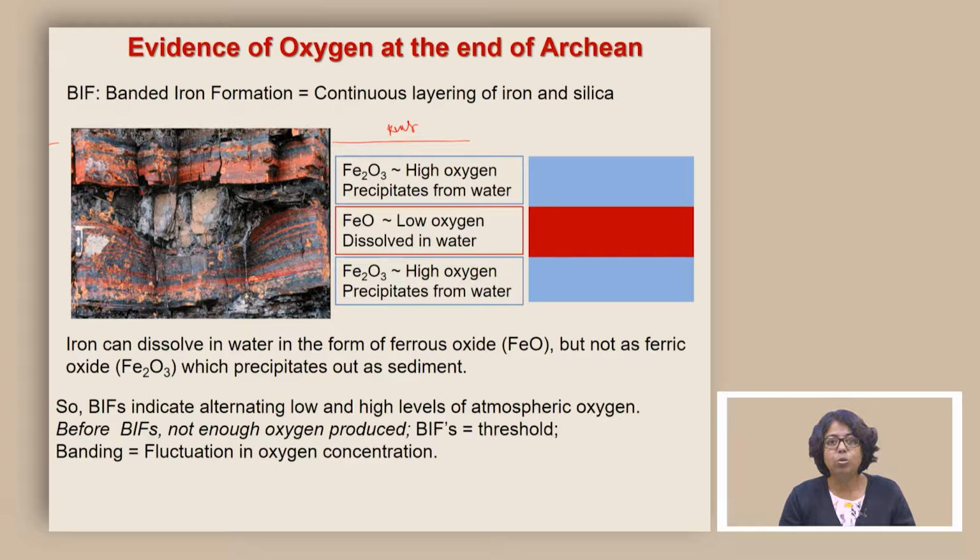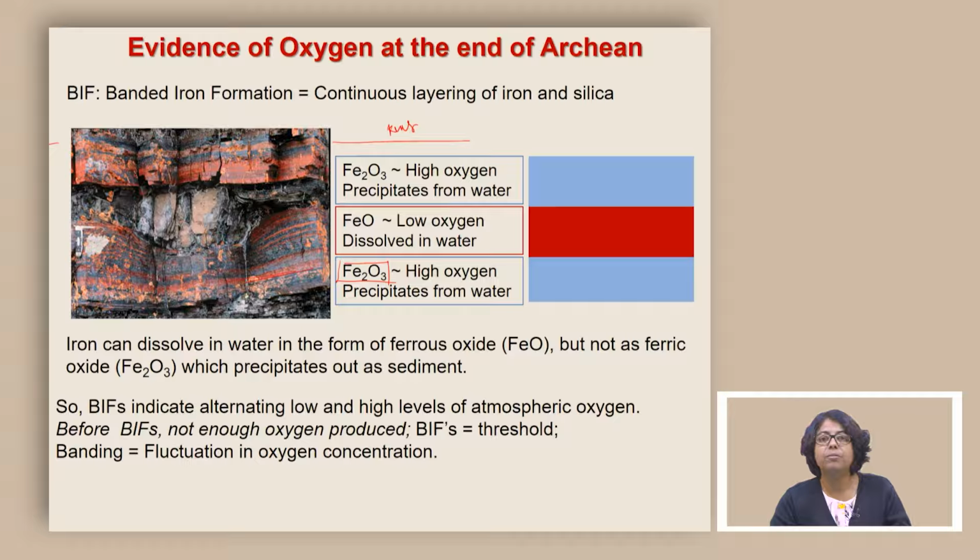Now, let us take a look at their composition. What we find is that there is a variation in terms of the composition. There is one layer where the iron concentration is quite high, and it is in the form of Fe2O3. This Fe2O3 can only precipitate if the oxygen level is high. When iron gets oxidized, it cannot remain ferrous oxide.